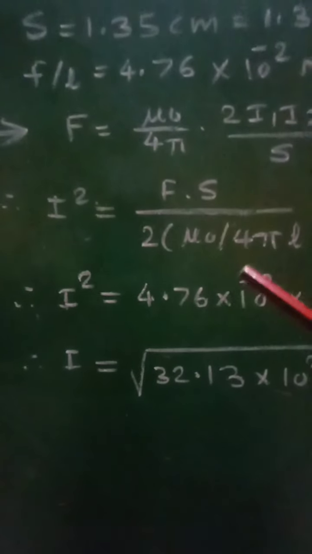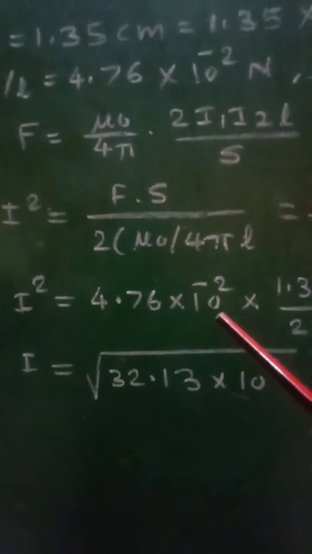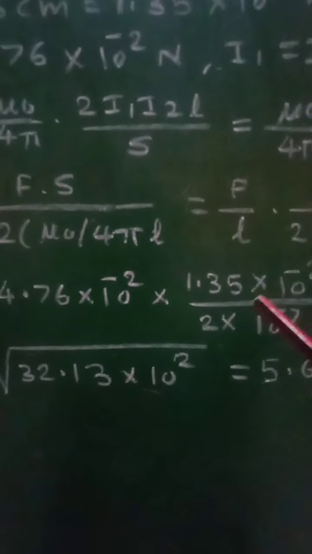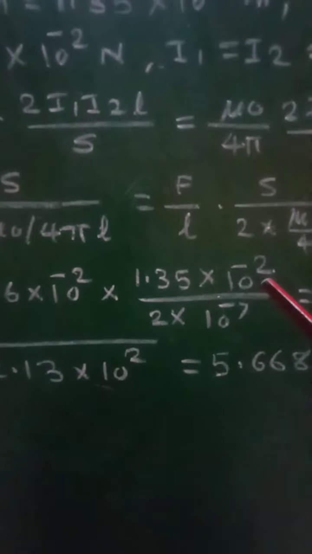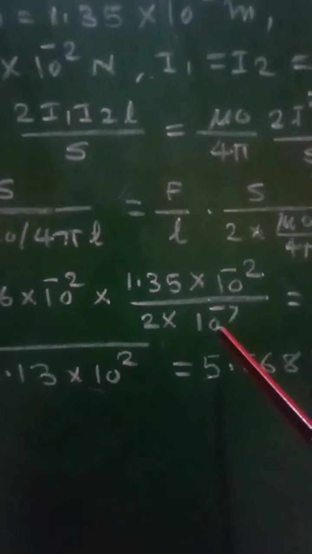Putting the values, we get I square equal to 4.76 into 10 raised to minus 2 into 1.35 into 10 raised to minus 2, divided by 2 into 10 raised to minus 7.